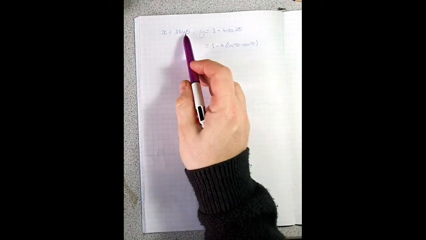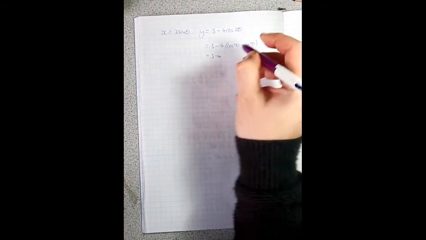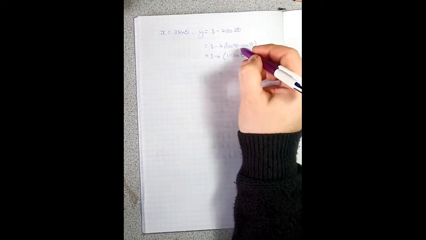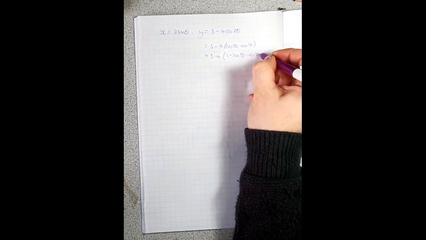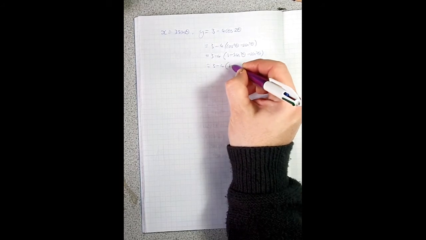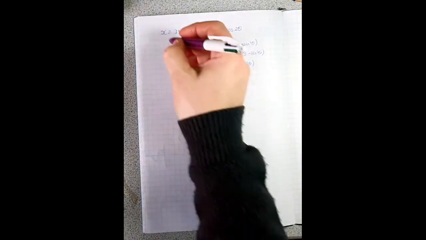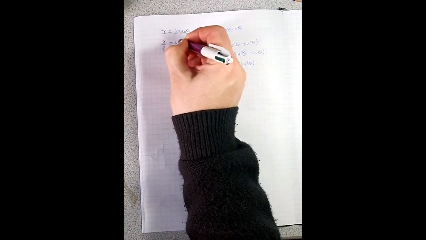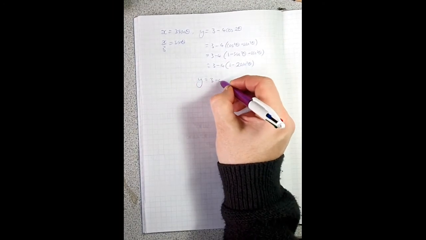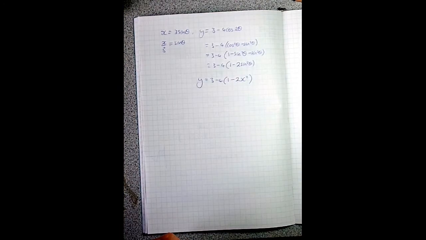And since I've got sine theta, I'm going to write cos squared as 1 minus sine squared theta. So y is 3 minus 4 lots of 1 minus sine squared theta minus sine squared theta. So I've got 3 minus 4, 1 minus 2 sine squared theta. Now x over 3 is sine theta, so then y is equal to 3 minus 4, 1 minus 2 x squared over 9.